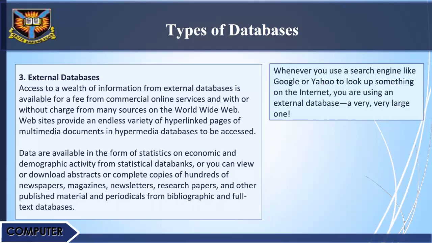Data are available in the form of statistics on economic and demographic activity from statistical databanks, or you can view or download abstract or complete copies of hundreds of newspapers, magazines, newsletters, research papers, and other published material and periodicals from bibliographic and full-text databases.